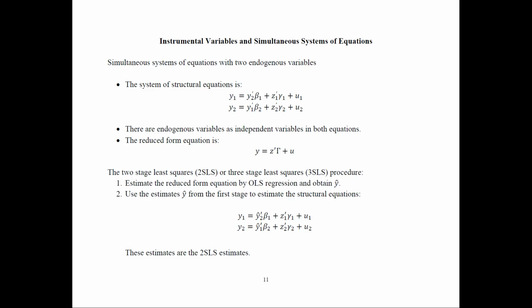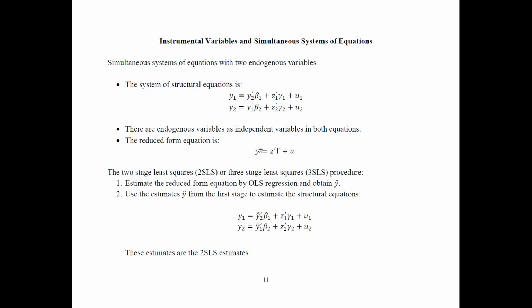And so how does that work? First, we will estimate the reduced form equation by OLS, and we would obtain y hat. So we're estimating this equation where we are only considering exogenous variables and instruments. And then from this equation we're predicting y hat.